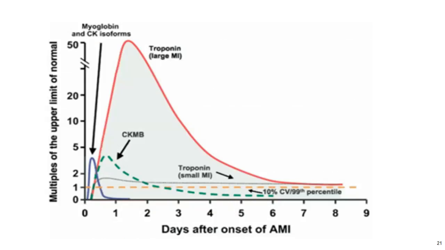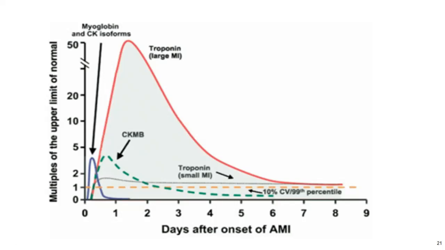The other one is called myoglobin. You see the myoglobin here, a little bit of a rise. Myoglobin can be elevated due to heart damage, and also myoglobin is elevated in case of skeletal muscle damage.